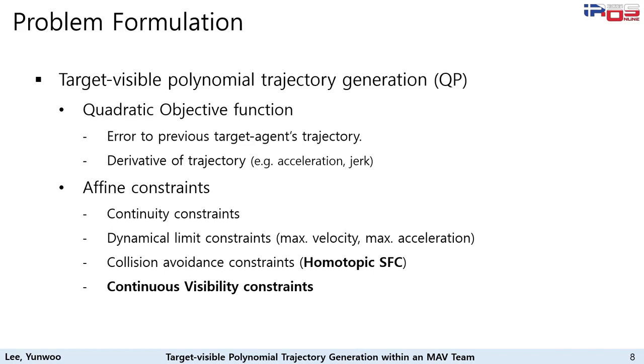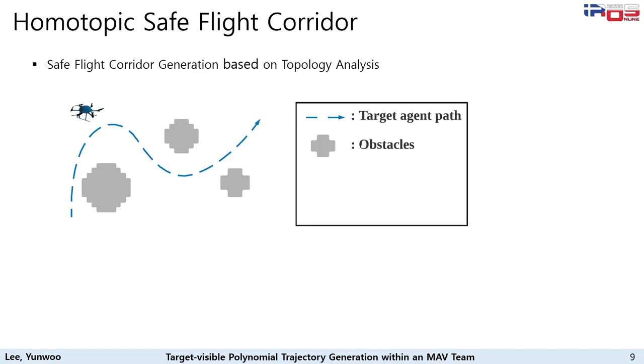First, we minimize the error to the previous target's trajectory and derivatives of the trajectory. The first two constraints generate a trajectory for a drone to move on a continuous and dynamically feasible path. And the last two constraints make the drone trajectory such that drones do not collide with obstacles and always see the target agent.